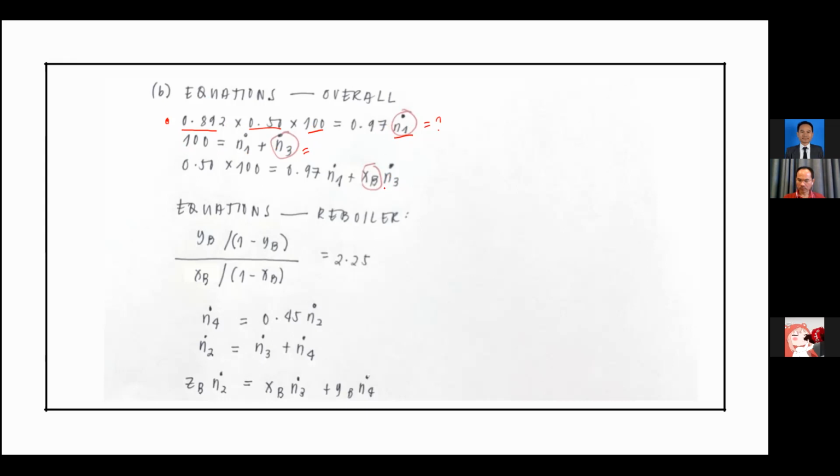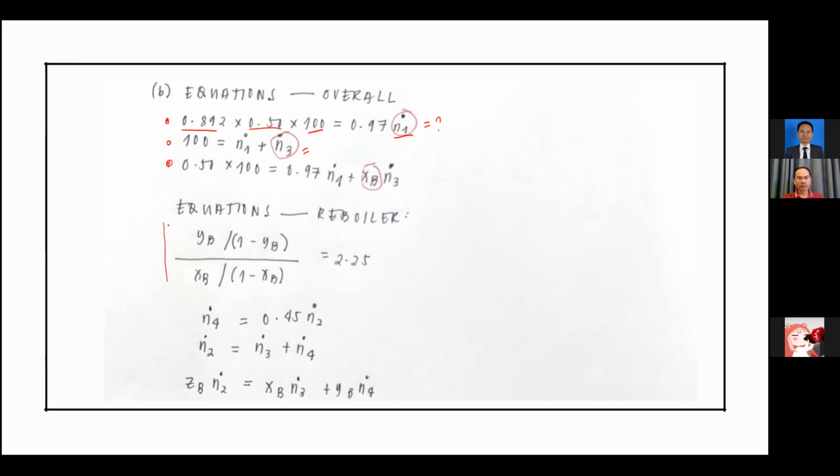Then to solve for XB, which is the mole fraction of benzene, we have the benzene balance: 0.50 times 100 is equal to 0.97 N1 plus XB times N3. So these are the equations for the reboiler.